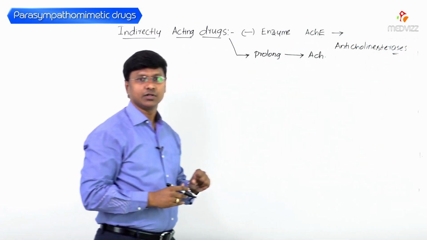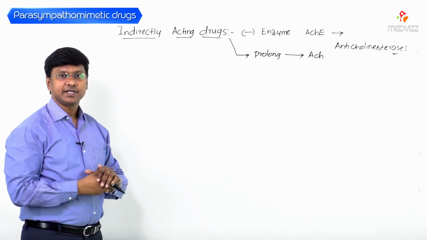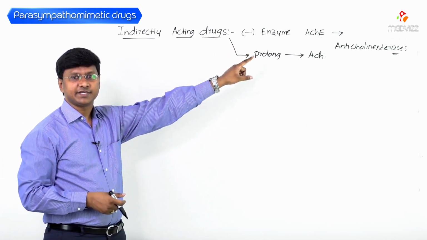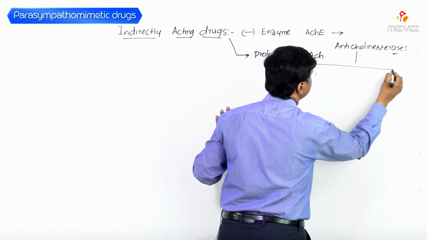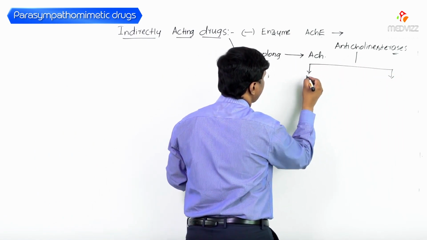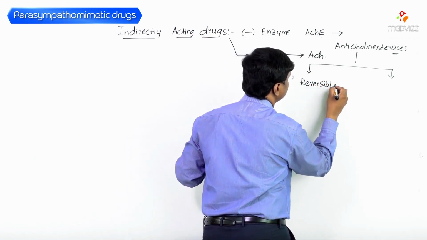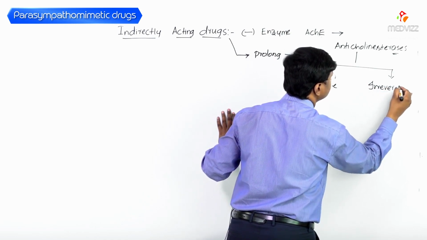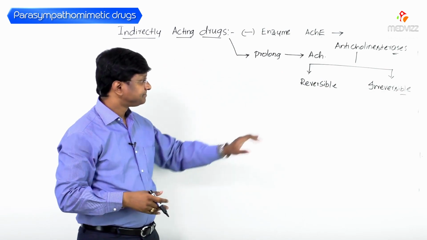These anticholinesterases, or cholinesterase inhibitors, are of two types: reversible and irreversible.